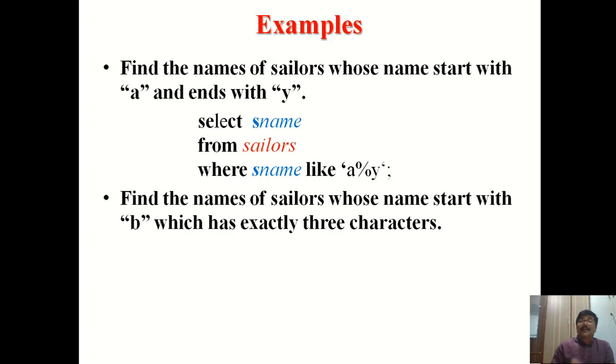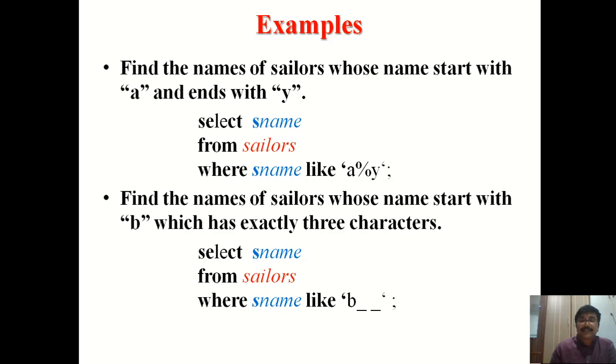Already we discussed that underscore can represent 1 character, and that's why we use 2 underscores here. Select sname from Sailors where sname like 'B__'. That means the name starts with B and has 3 characters including B. One underscore represents 1 character and the next underscore represents 1 character, so the total name has 3 characters, starting with B.